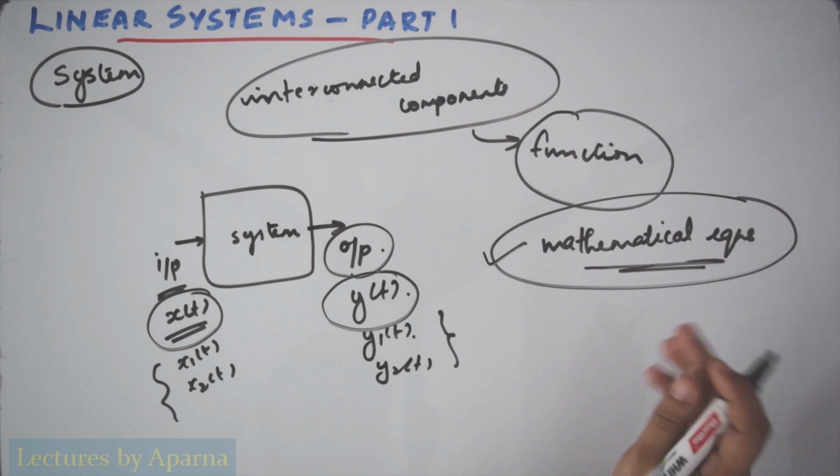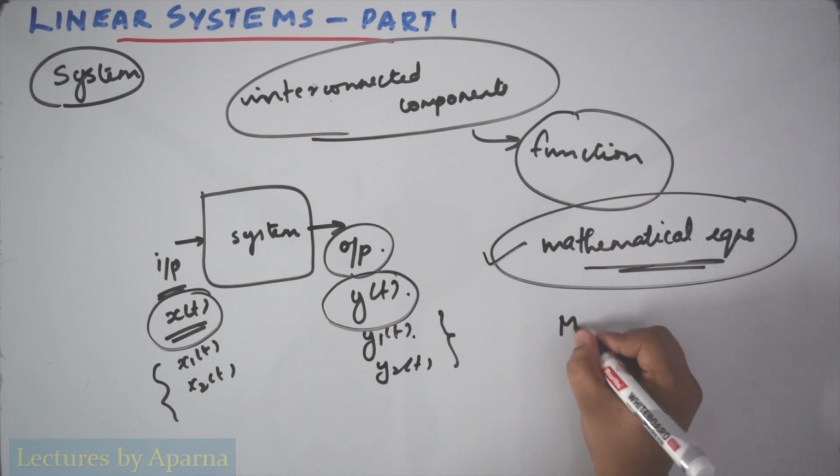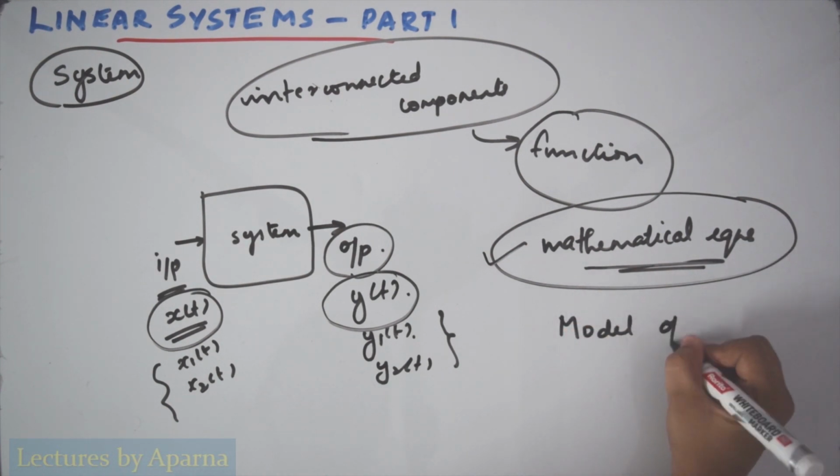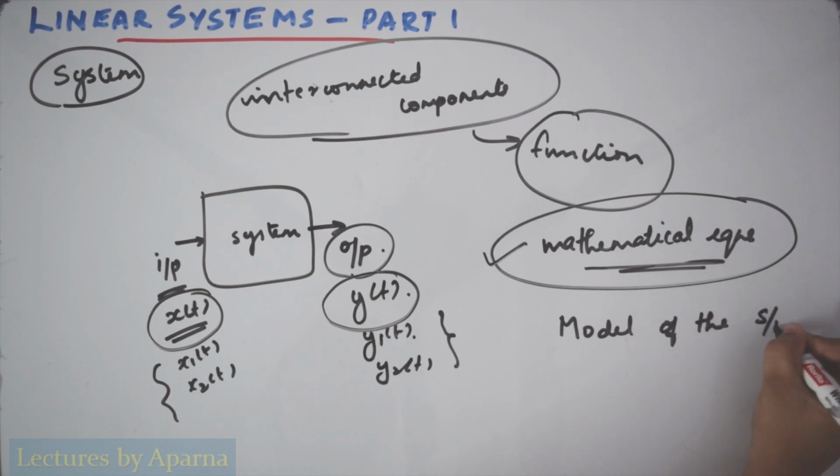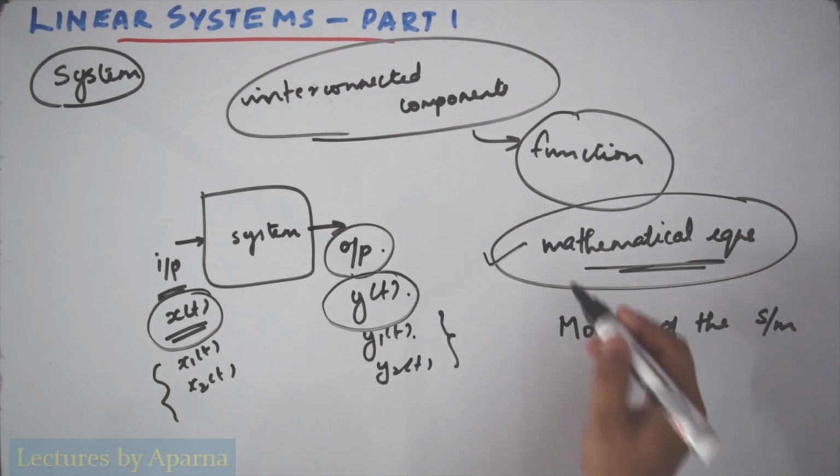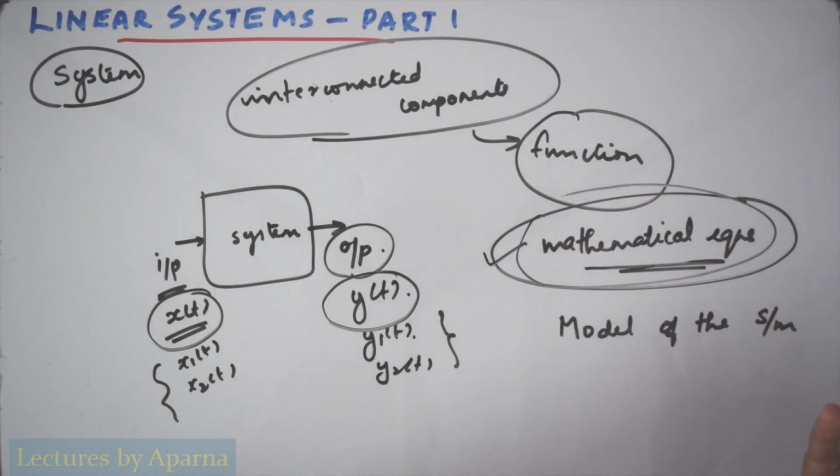So these mathematical equations will form the model of the system. System modeling means it will be made into a particular set of mathematical equations that will explain the function that the system does.